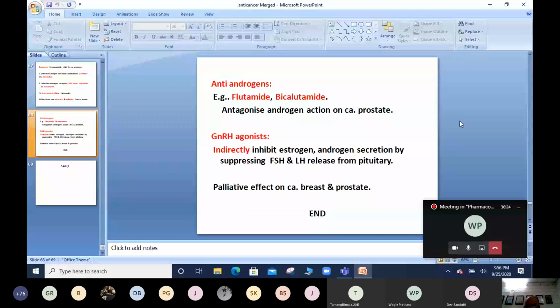Next is anti-androgens. Example, flutamide, bicalutamide. They will antagonize the androgenic action on CA prostate. Next is gonadotropin releasing hormone agonist.